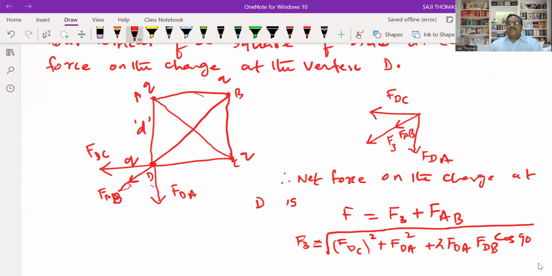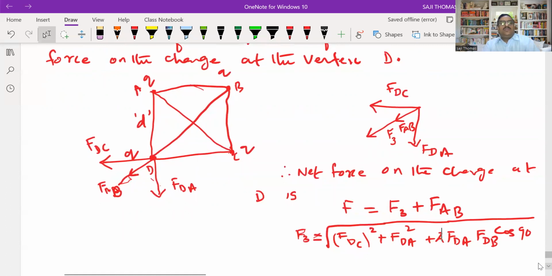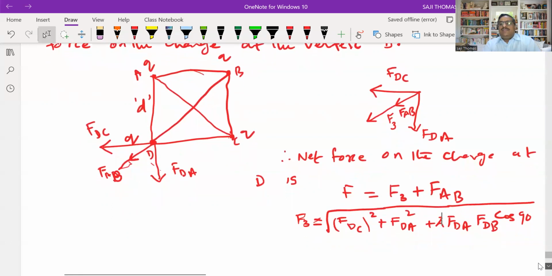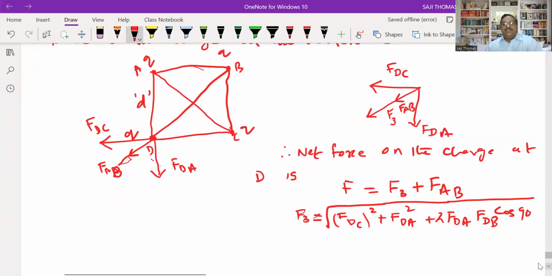You know the vector equation for the resultant: square root of A square plus B square plus 2AB cos theta, theta being the angle between the vectors. So what is the angle between the vectors FDC and FDA? 90 degrees.